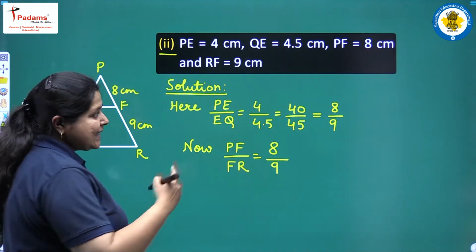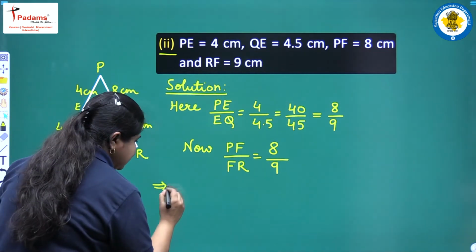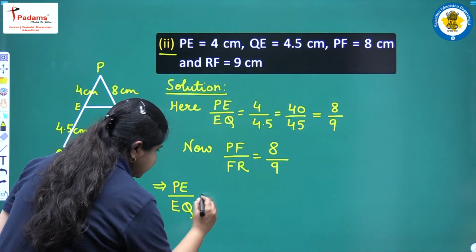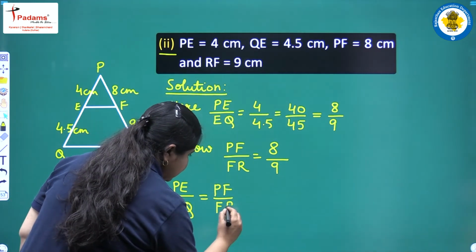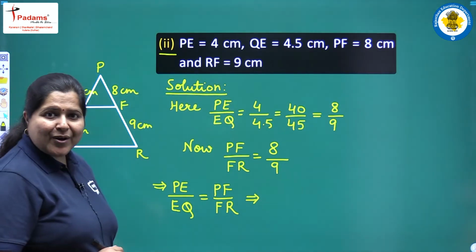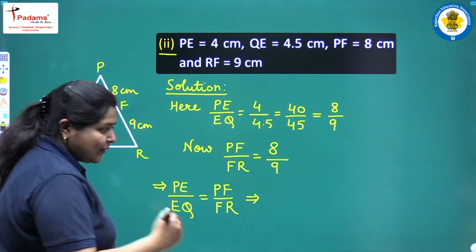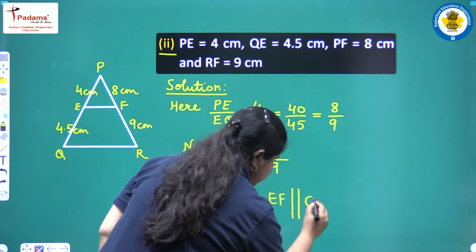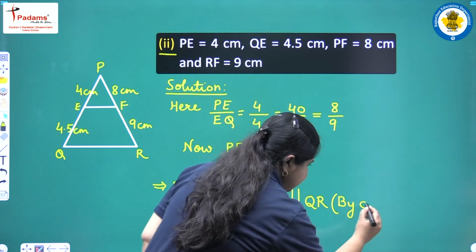And so here we see that the two ratios are coming equal, and this implies that PE upon EQ is equal to PF upon FR. And now can you say whether EF is parallel to QR or not? Yes, since this ratio is coming out equal, we can say that EF is parallel to QR by converse of BPT.